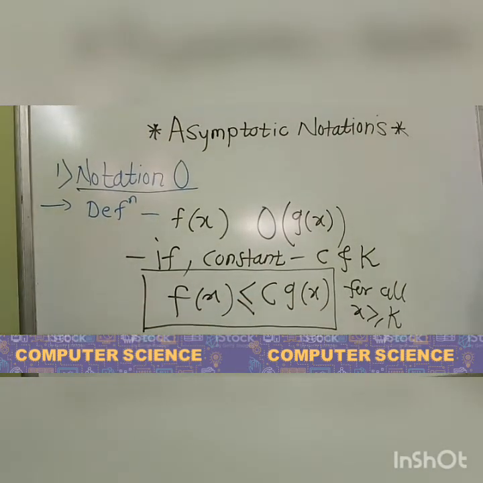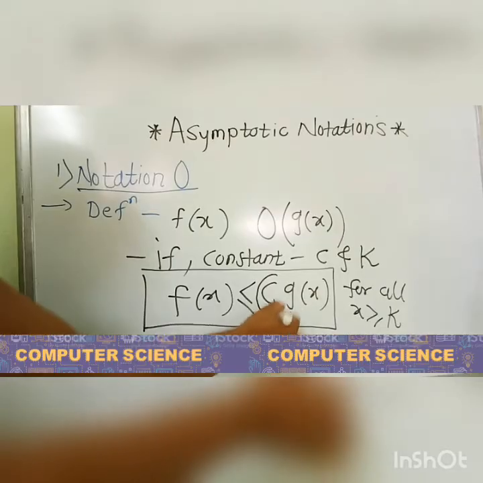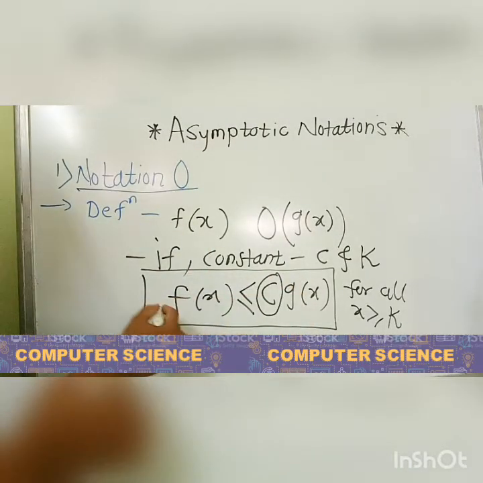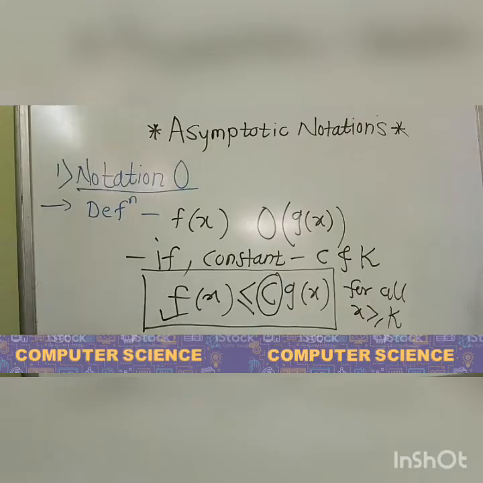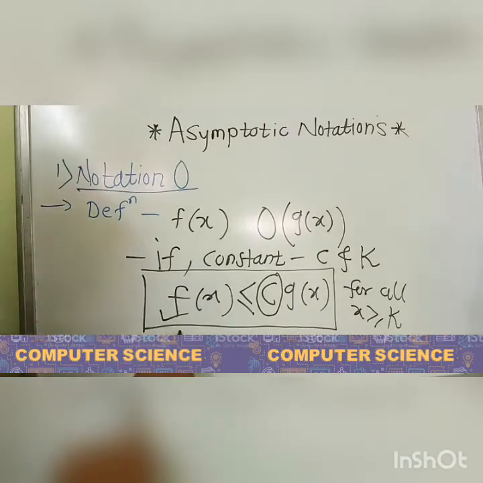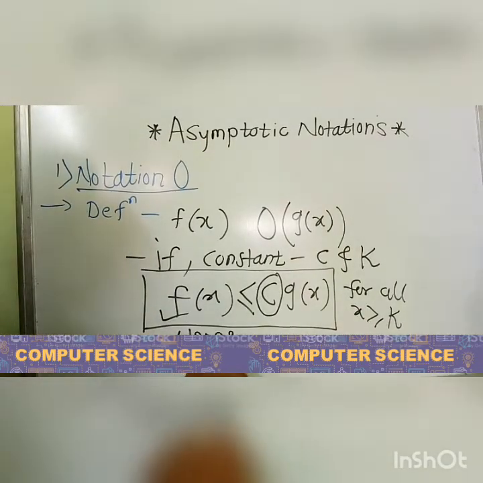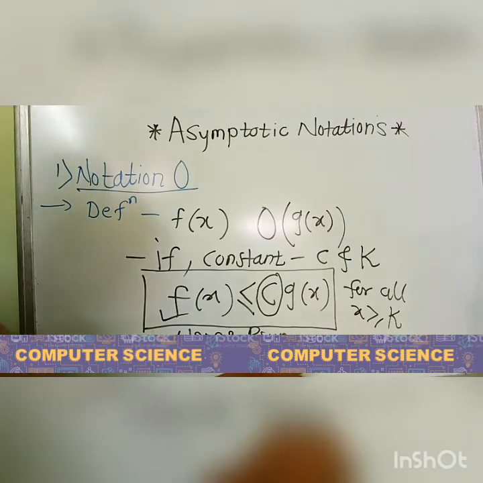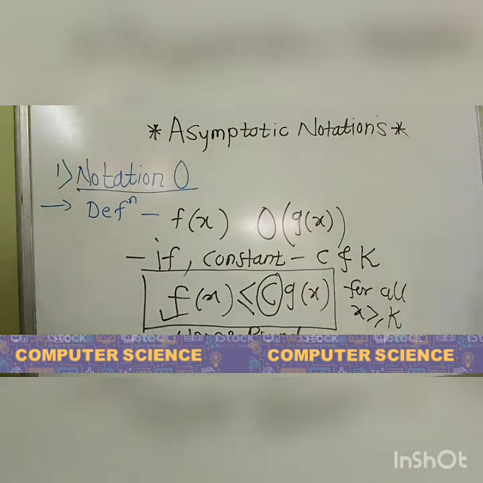Means when you multiply g of x by this constant, it will be bigger than f of x, for all x greater than or equal to k. This big O notation is used to show the asymptotic upper bound for a given function.